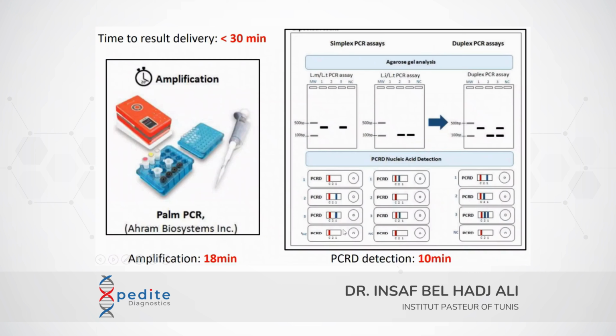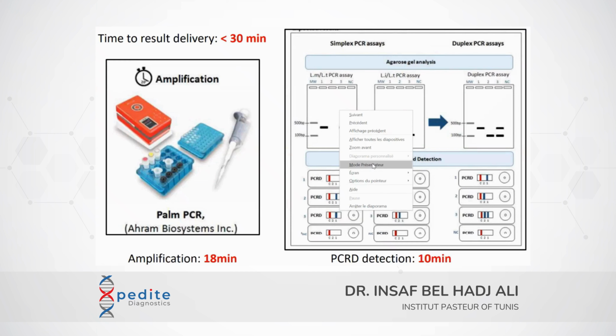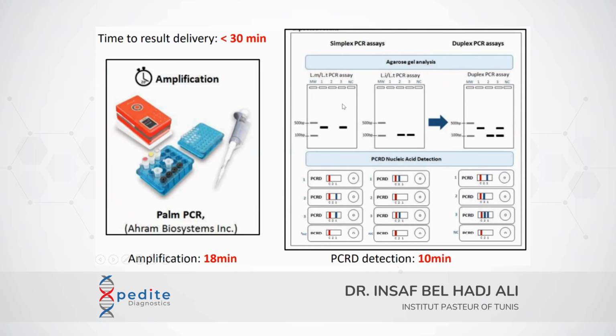So our PCR was set on a handheld or portable PCR machine, and the idea was to design 2 types of simplex PCR assays. So the first set of simplex PCR assays reacts with Leishmania major and Leishmania tropica without reacting with Leishmania infantum.